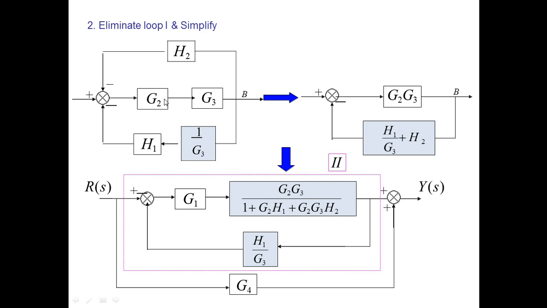Now you got this side and you can see that after you cascade this G2 with this G3, you got this equation. These H1 over G3 and this H2 are basically doing the same thing, that is feedback from minus. So you can add them and put a common minus sign, because you see that these are two feedbacks, so you don't get confused.